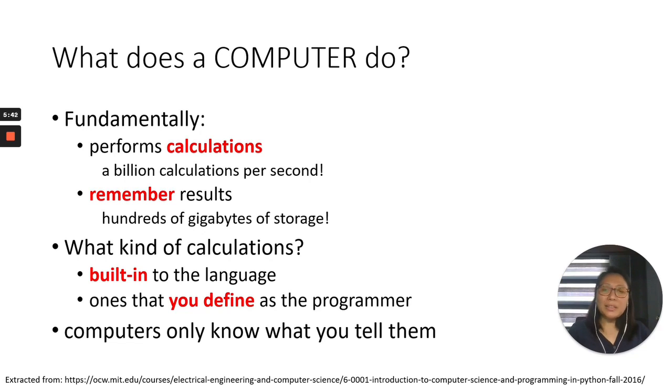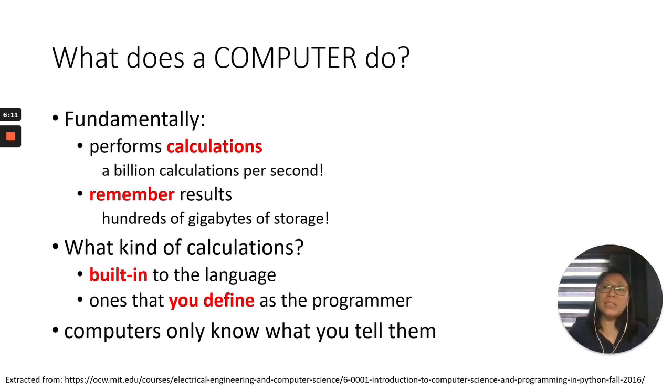But we have to take note that computers only know what you tell them. So a computer doesn't have, let's say, a mind of its own. It doesn't have the intelligence as we have. So all it does is follow instructions or execute instructions that we give the computer.